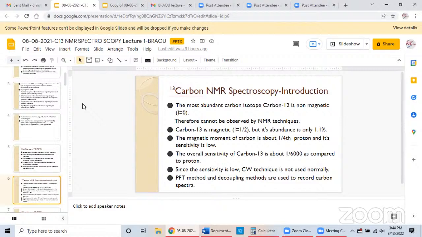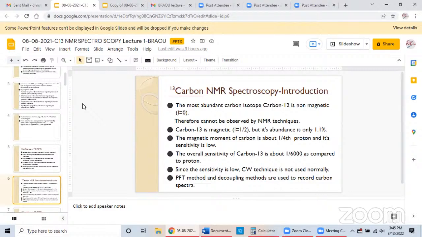Now, the most abundant carbon isotope is C12, but it is non-magnetic. I told you in the beginning itself, only magnetic nuclei will give an NMR spectrum, because they will place themselves in different orientations.